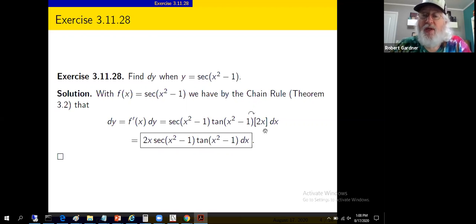And since you're computing a differential, I've got to write this down, we put a dx on the end. So dy is 2x secant of x squared minus 1 tangent of x squared minus 1 times dx. So we're about to use them for something, but for now, computations of differentials, piece of cake. You take derivatives and then you put a dx at the end.